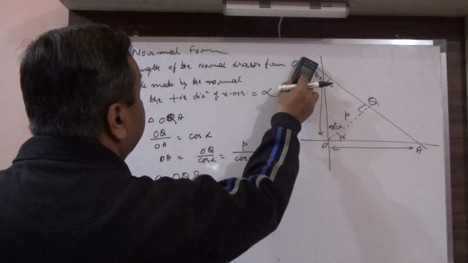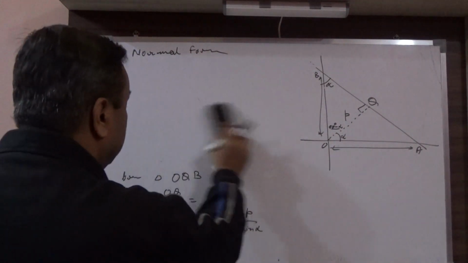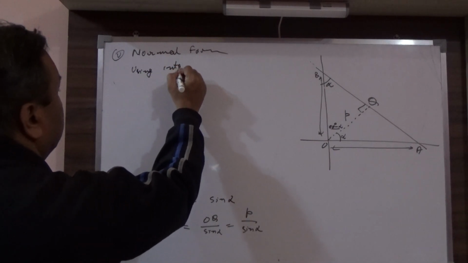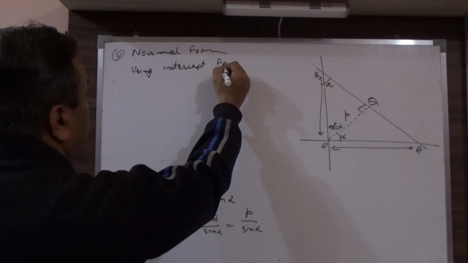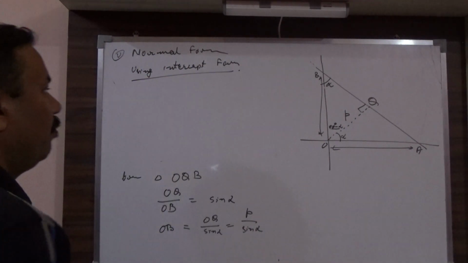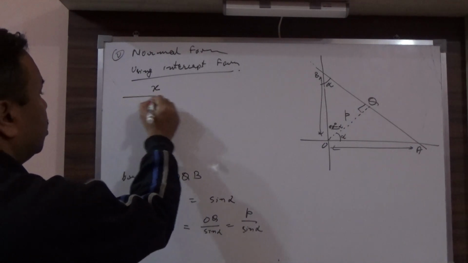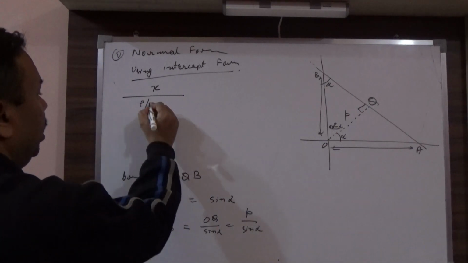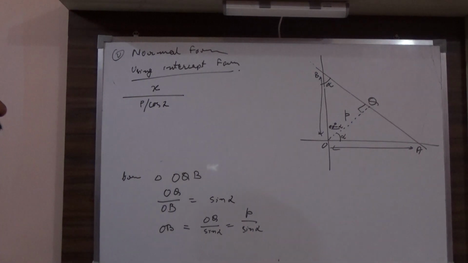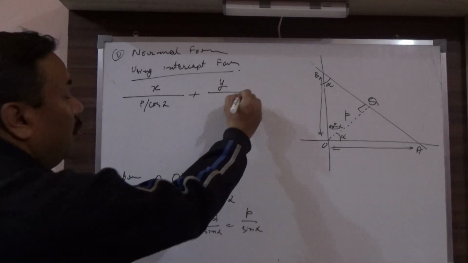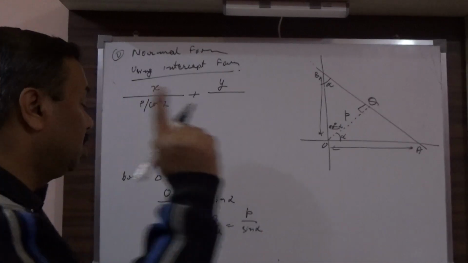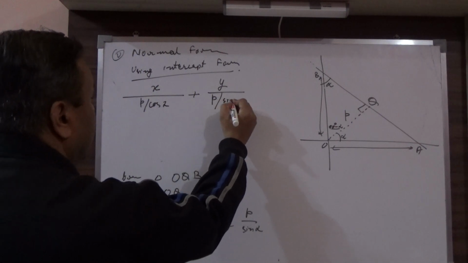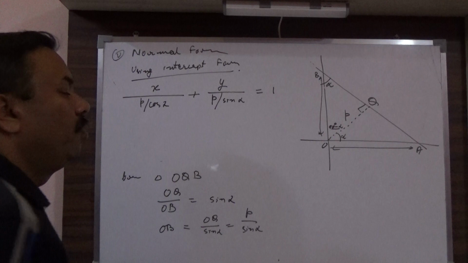So using the intercept form, the equation will be x over x-intercept, which is P over cos alpha, plus y over y-intercept, which is P over sin alpha, equal to 1.